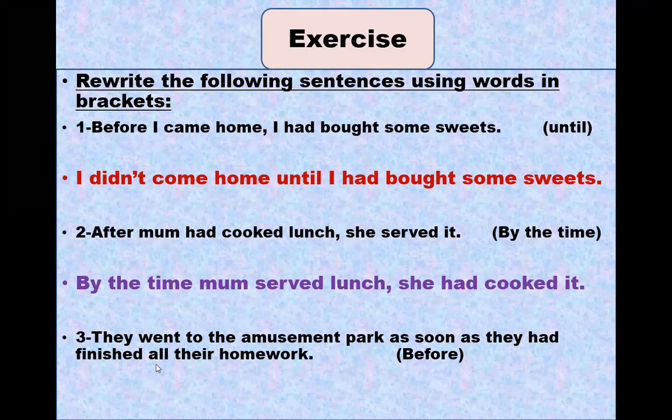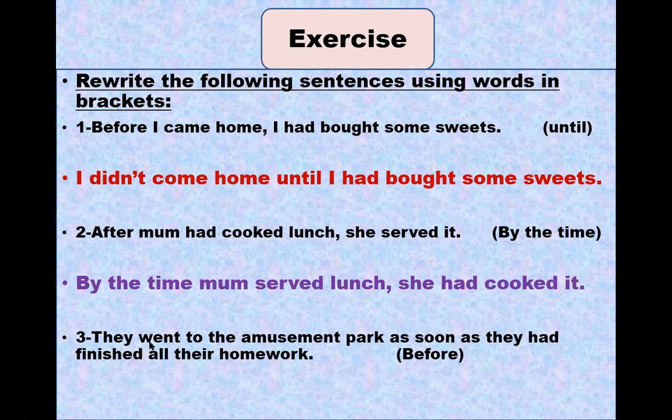Before they had finished all their homework, they went to the amusement park. No, it's incorrect. After "before," use the past simple and the first action. Where is the first action here? Went to the amusement park. So put it after "before." Again, Nada.